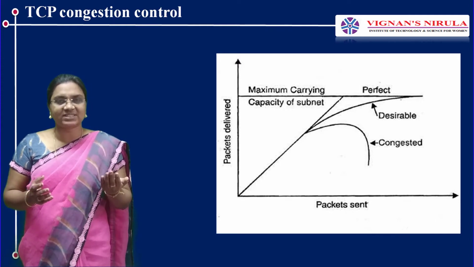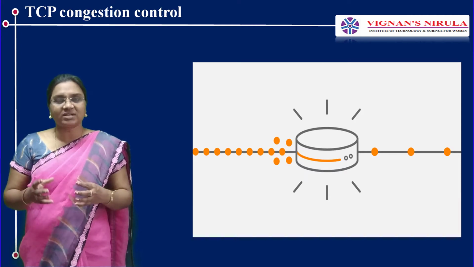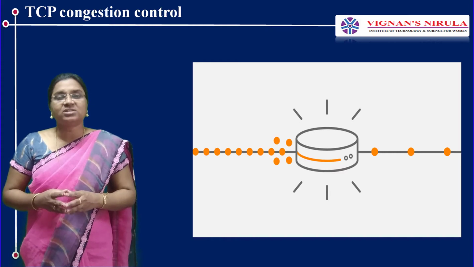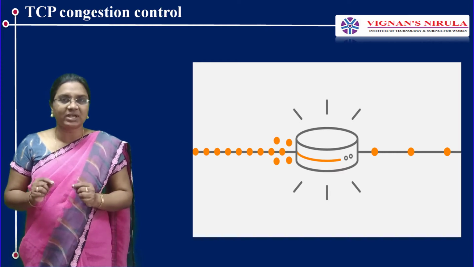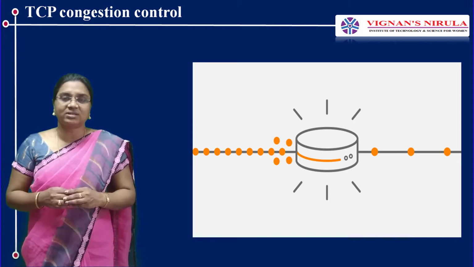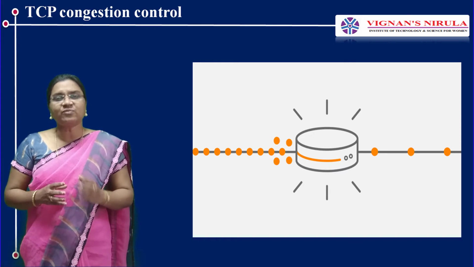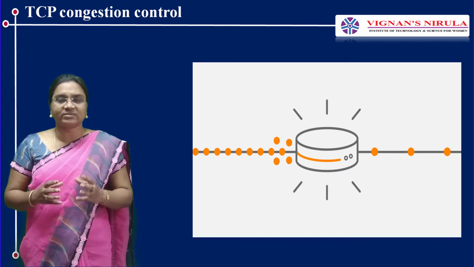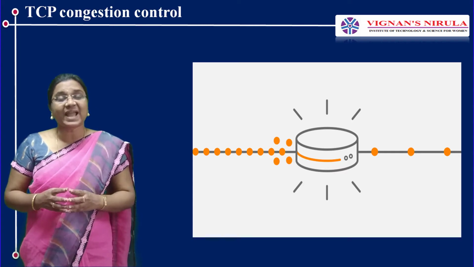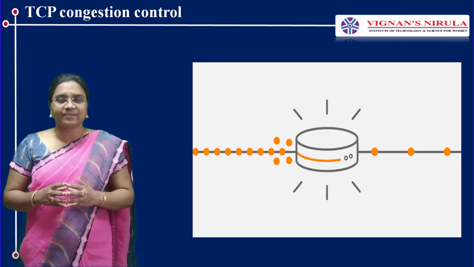We have devices like sender and receiver, connected by interconnecting devices like routers. A router has the special quality of storing and forwarding packets to the devices connected in other networks. Here we are sending packets beyond the network's capacity, and the router cannot handle them, so it just drops the packets.